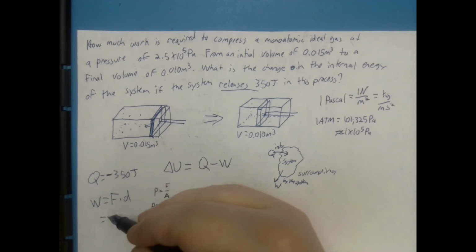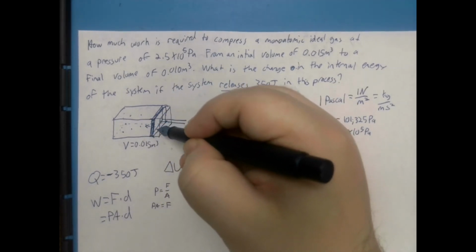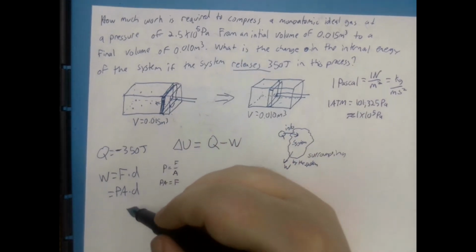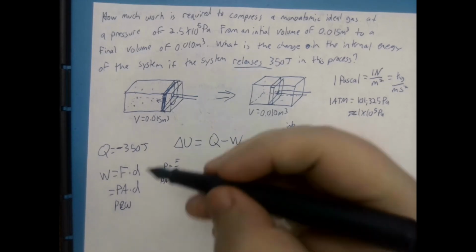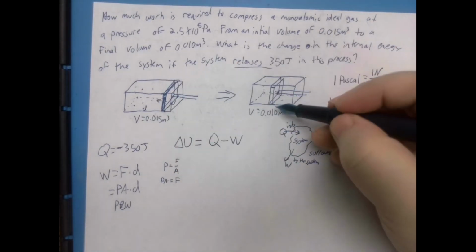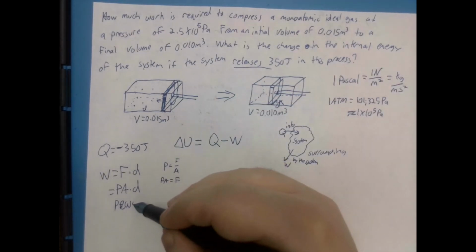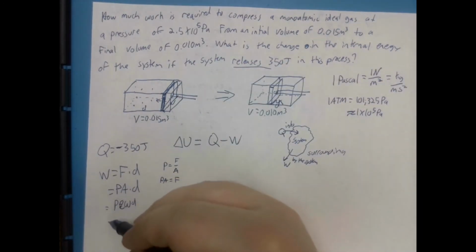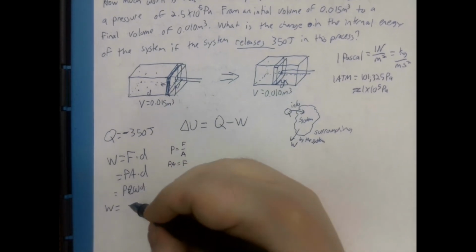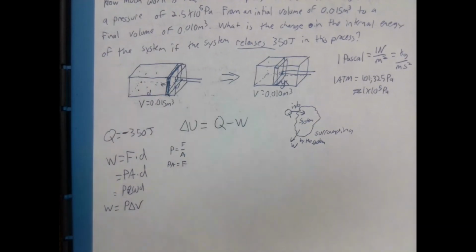So work is equal to the pressure times the area of the piston times distance. The area is length times width, and then this is the distance we moved. Distance times length times width is just volume. And the work is going to be a change. We've already gone over this yesterday. It ends up that it's just pressure times delta V, right?